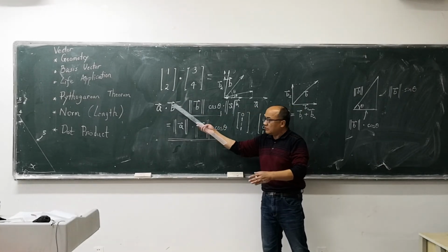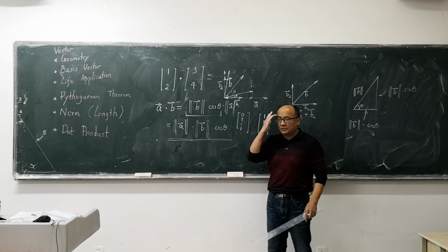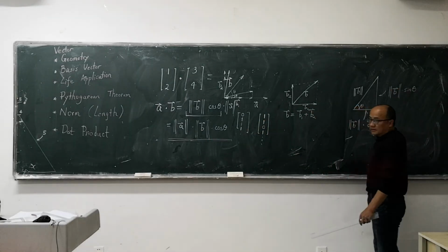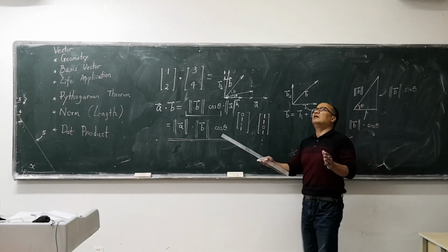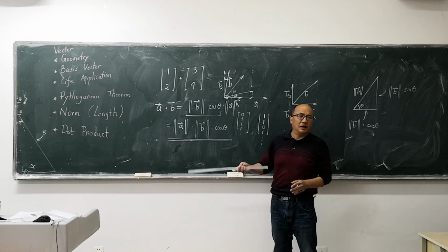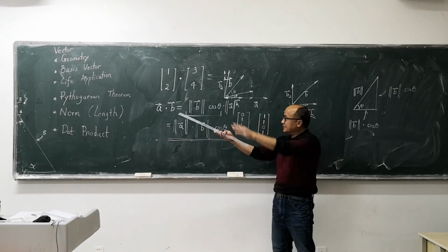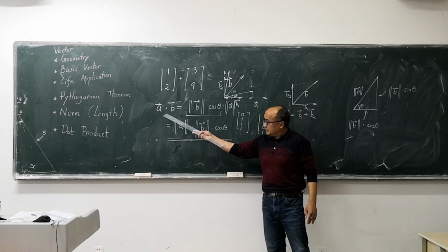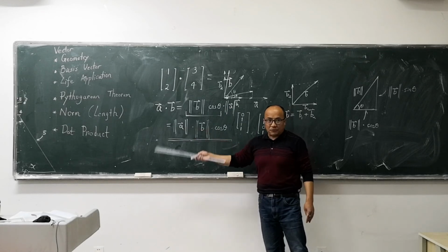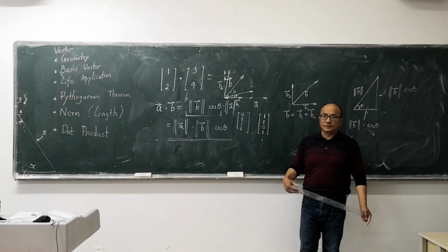If the result is very small, you say, wow, they are very different. One is pointing there, another is pointing another way. It's very different. The more similar, the larger the dot product is.